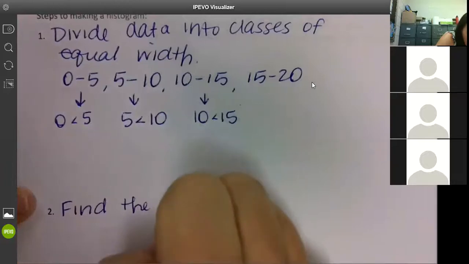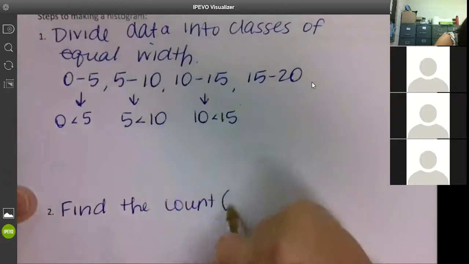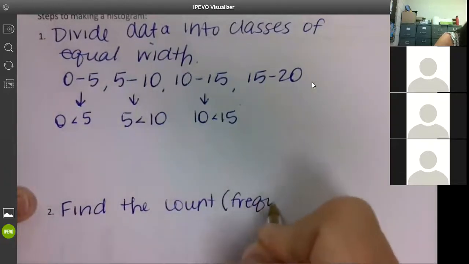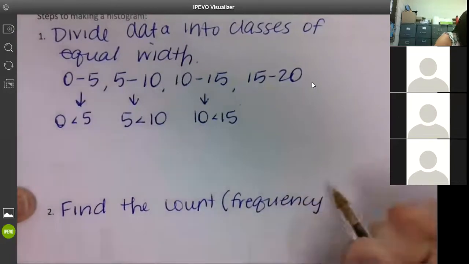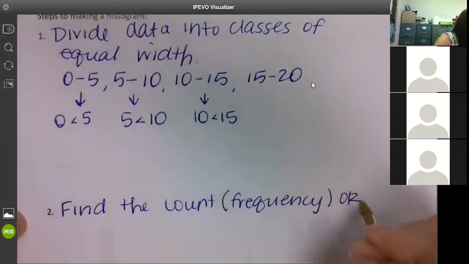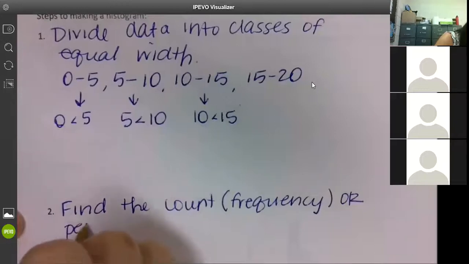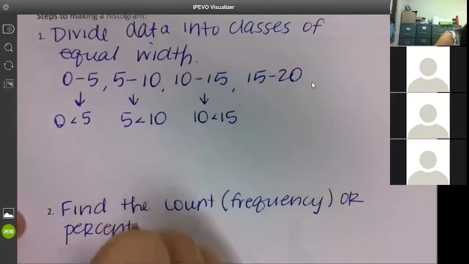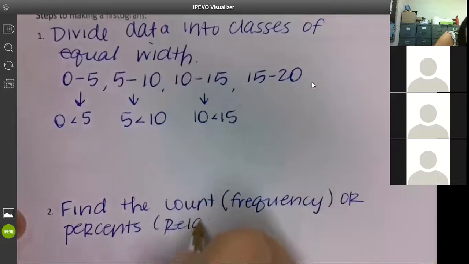Two is find the count, which is called the frequency, or percents, which is relative frequency.